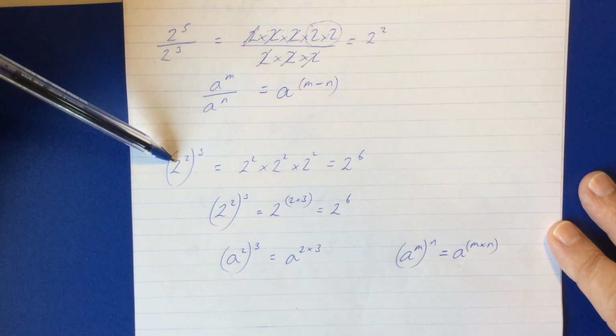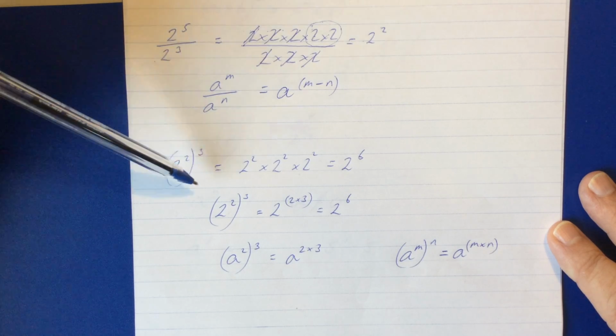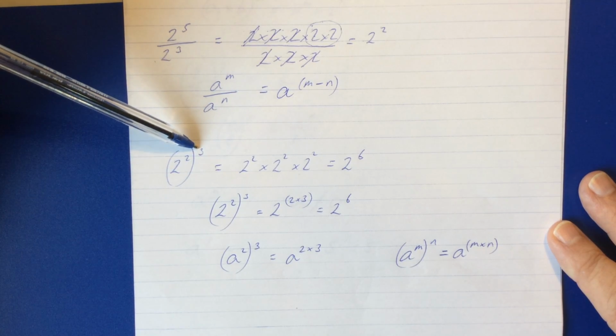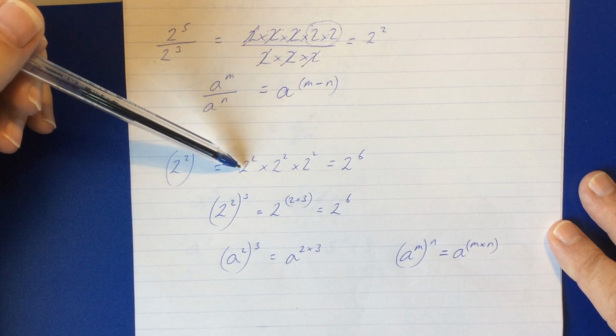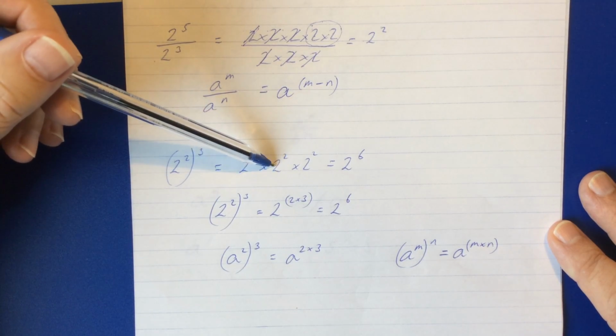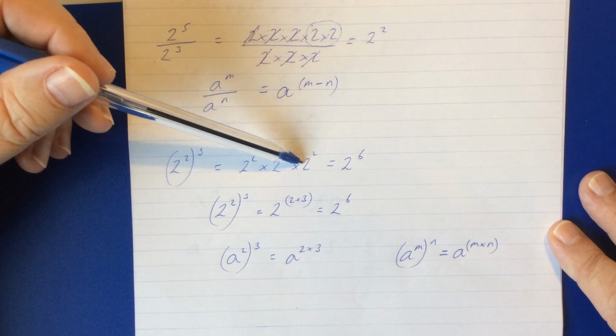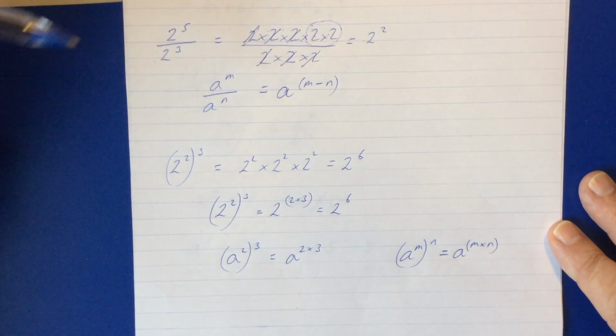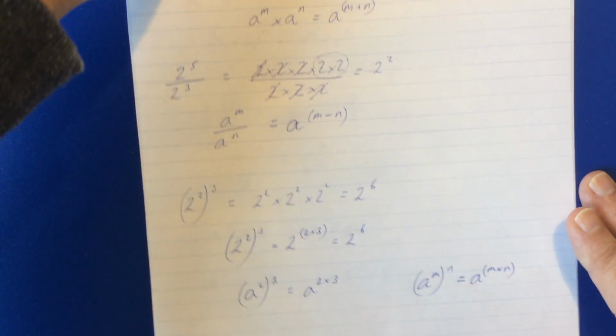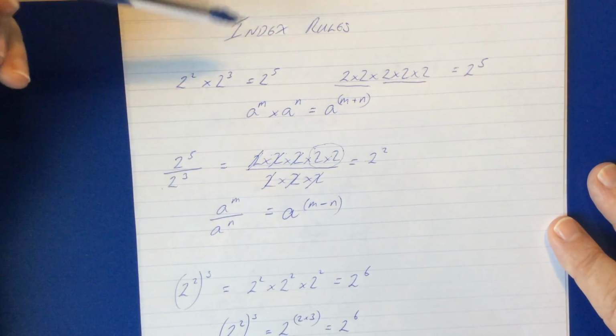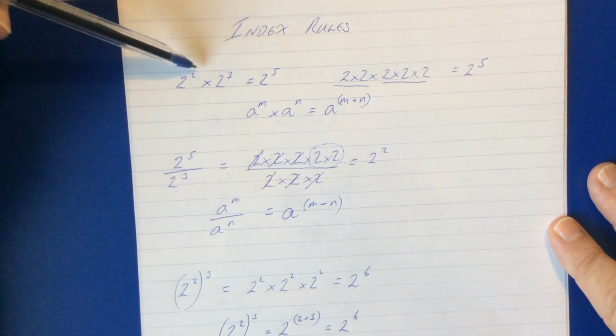It says that you take 2 to the power of 2 and you multiply it by itself 3 times. So we'll do that. 2 to the power of 2 times 2 to the power of 2 times 2 to the power of 2. Now, if you remember the first rule that we looked at, which is up here, where we have something like this, we add the indices.